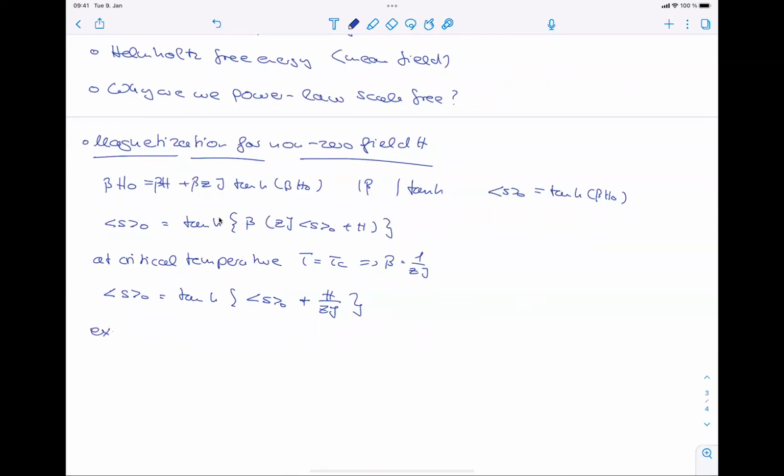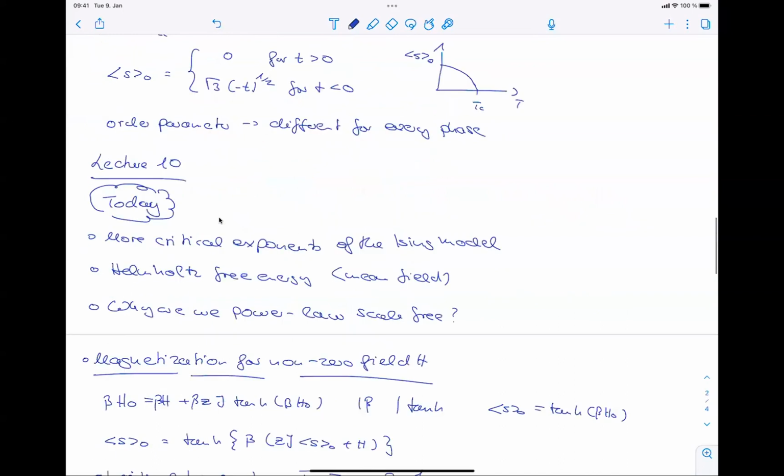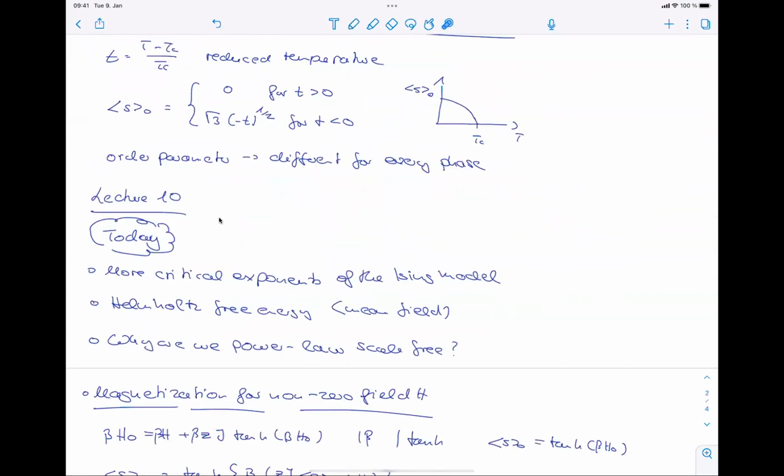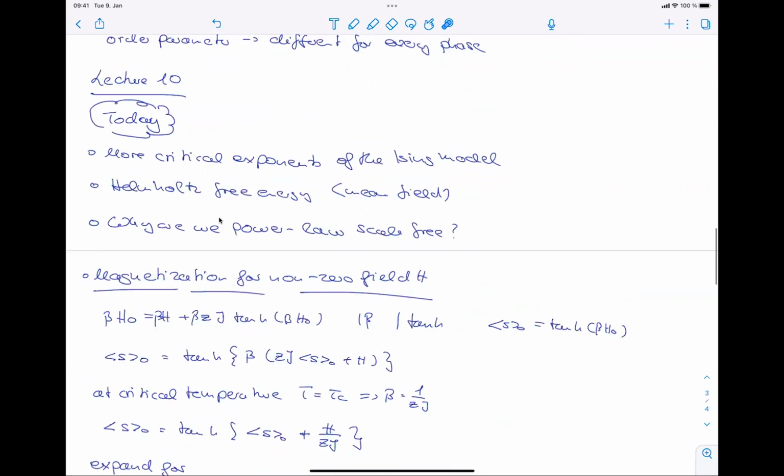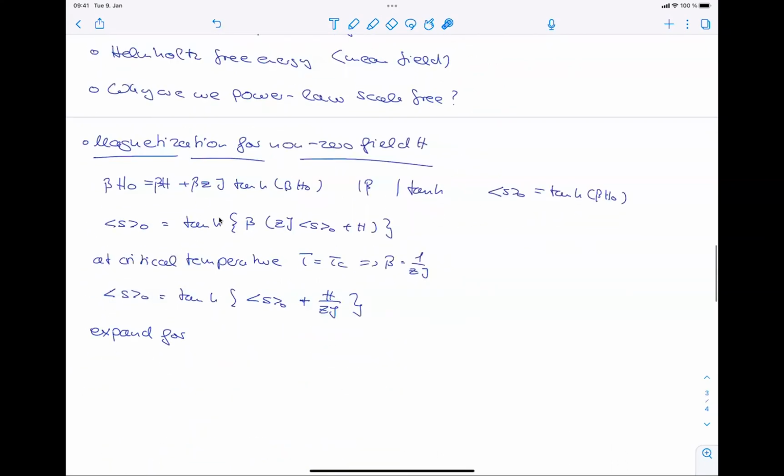Now, to find a scaling relationship, I have to expand again. And since I'm interested in the behavior at criticality, where we know the magnetization starts growing from 0, we expand for the magnetization to be small, and we also have to assume the applied field to be finite and small.